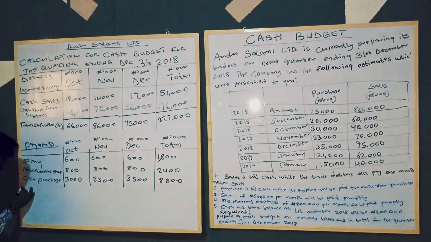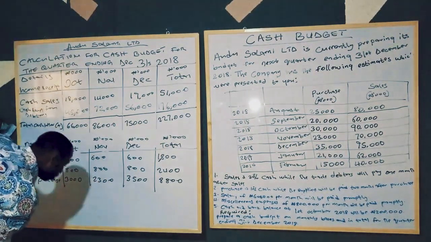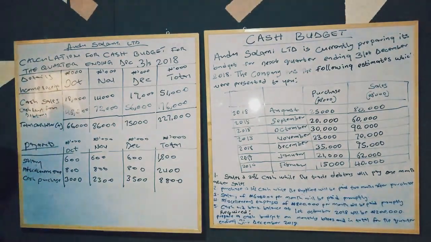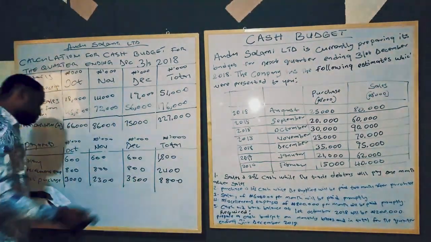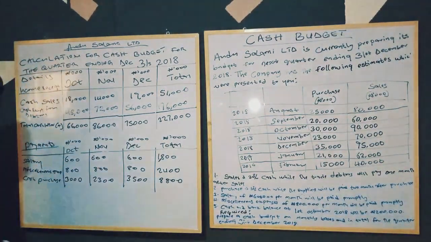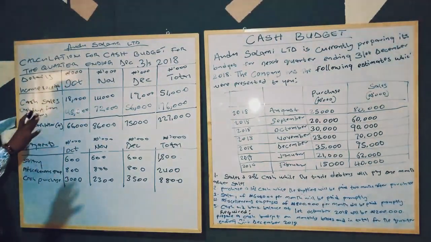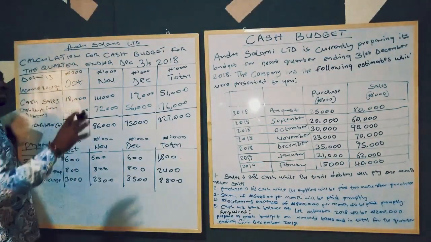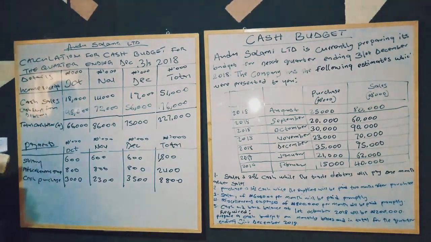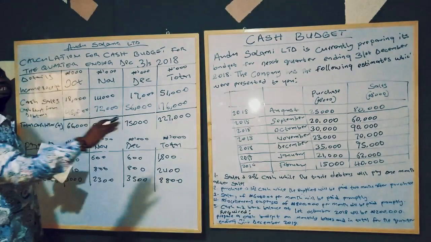Our credit purchase, or the best way to put it to make it more understandable is cash pay to trade creditors.